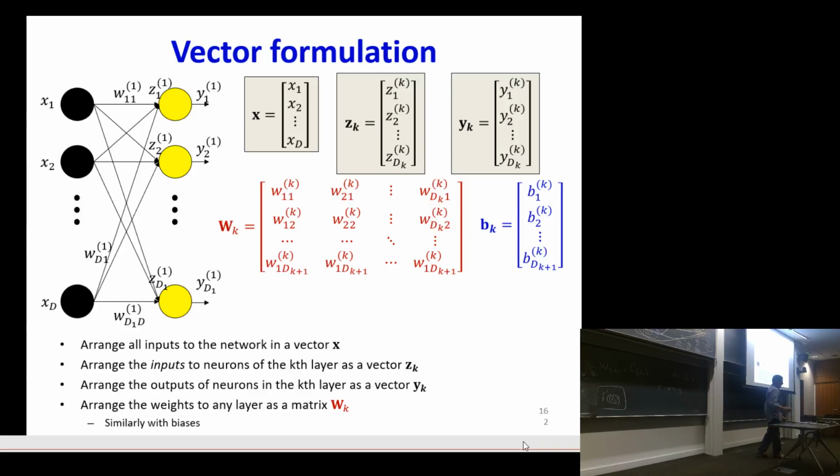So if I'm doing that, I can write the entire thing as one single vector formulation. I can write all of my x's, these are the components of the input, x is a d-dimensional vector, as a single vector. I can write the affine combination of x's as a vector z. And I can write the output of these activation functions as a vector y. You see what I'm doing over here, right?